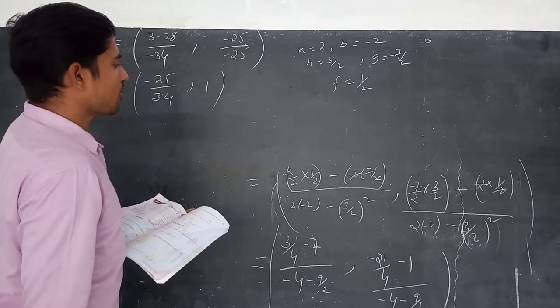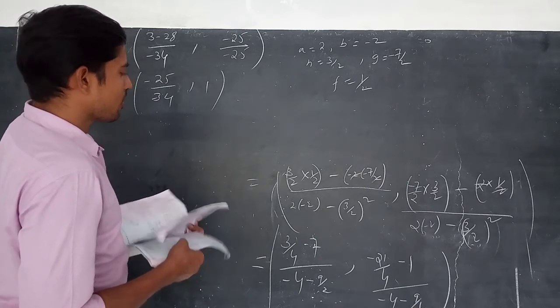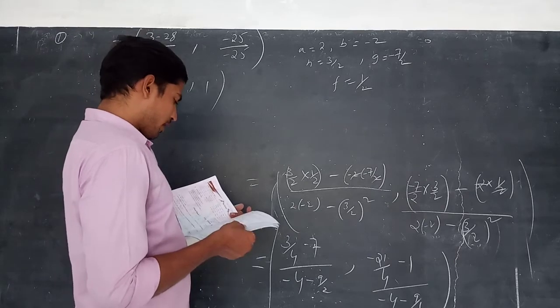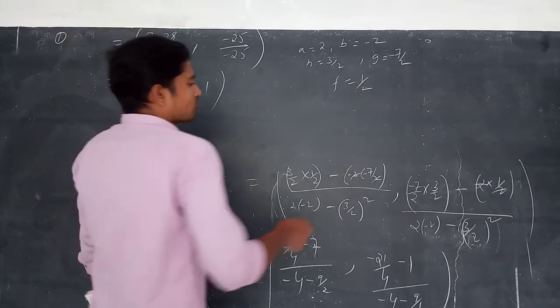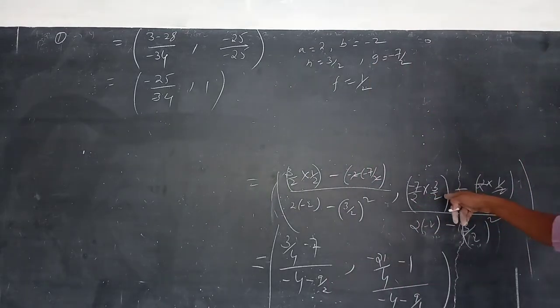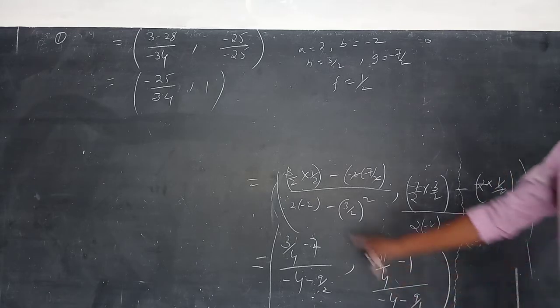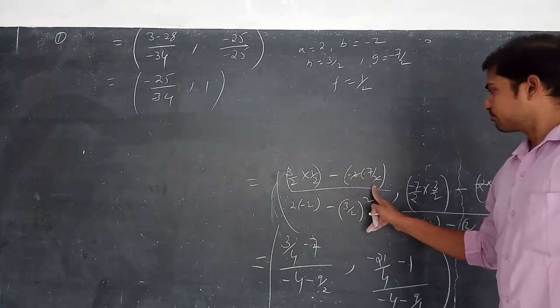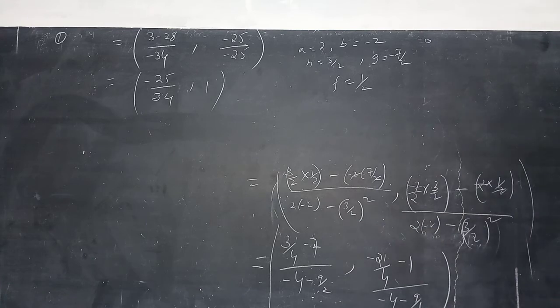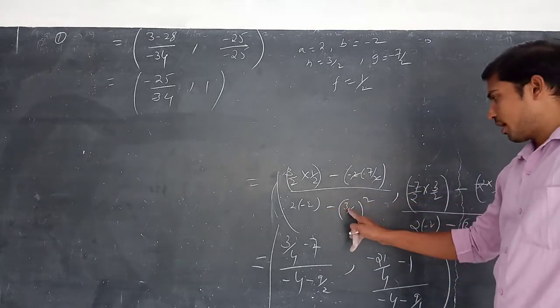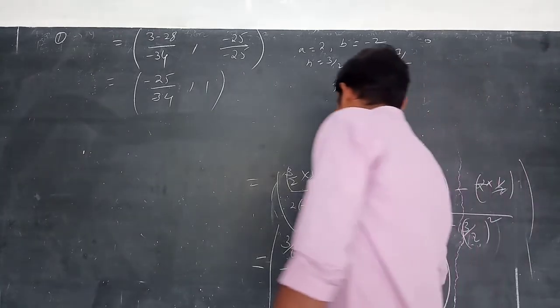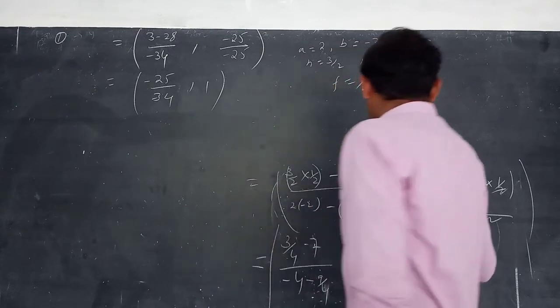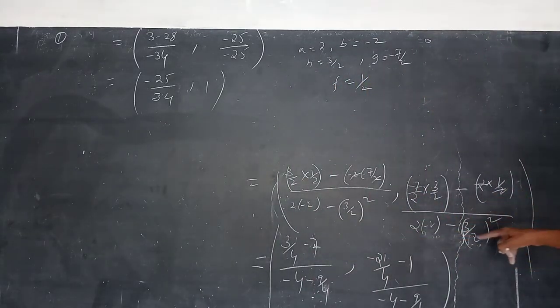So next, gh minus af, gh minus af by ab minus h square, 3 by 4 minus plus minus 7, clear, by minus 4 minus 9 by 4, and then minus 21 by 4 and then minus 4, minus 4 and 9 by 4, clear.